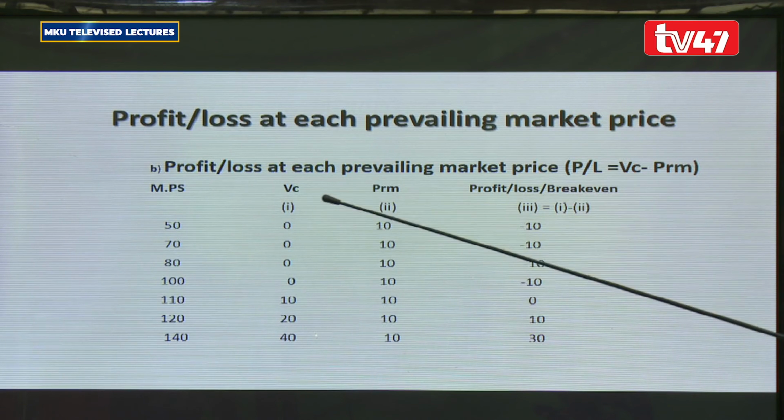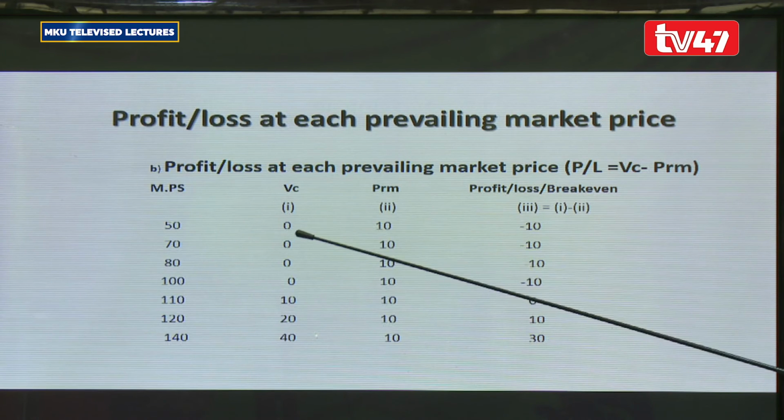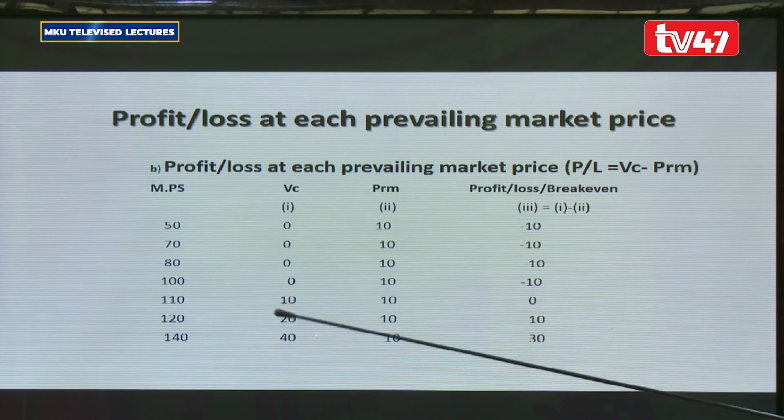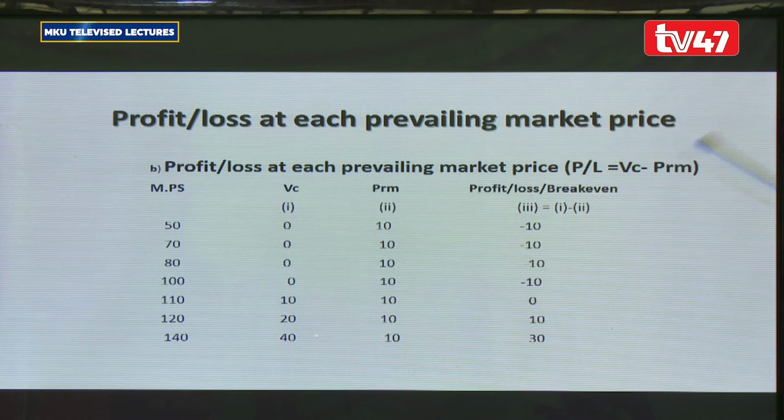What is the value of a call option when the price was 50? It was 0. What was the premium paid? Kenya shillings 10. So 0 minus 10 becomes minus 10, which implies the buyer is making a loss.